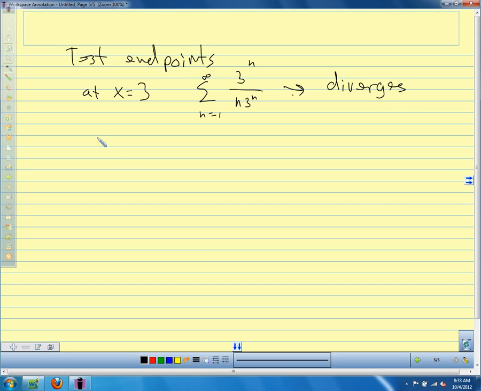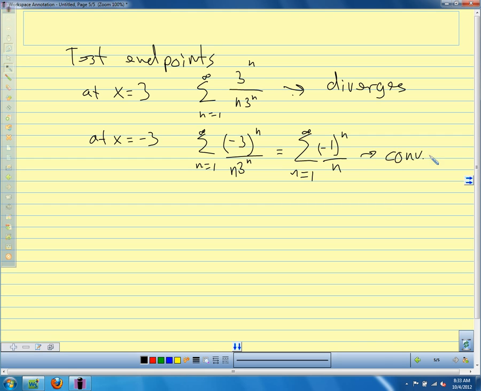At x equals minus 3, we have the sum n equals 1 to infinity of minus 3 to the n over n 3 to the n, which is minus 1 to the n over n, which is the alternating harmonic series, which converges, because the alternating harmonic series is conditionally convergent.